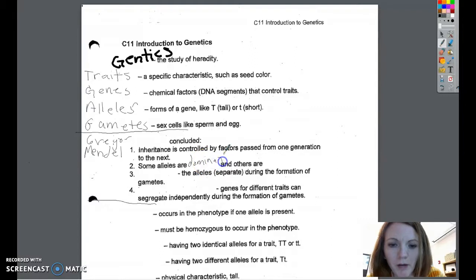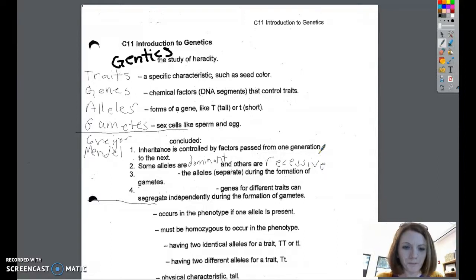Some alleles are dominant and the others are recessive. This doesn't really work very well for a left-handed person either.